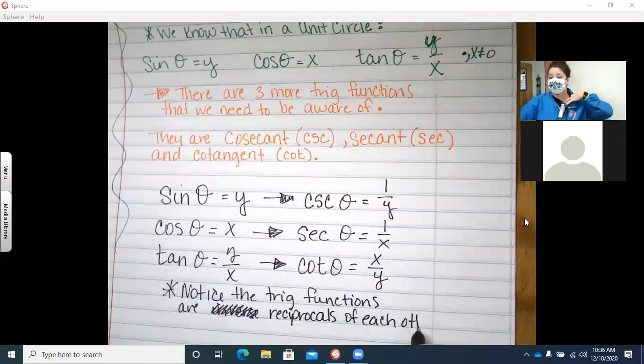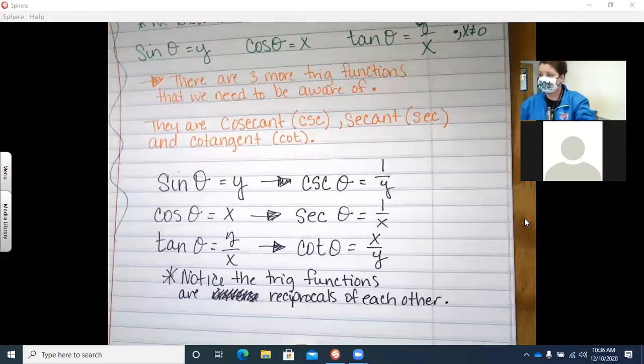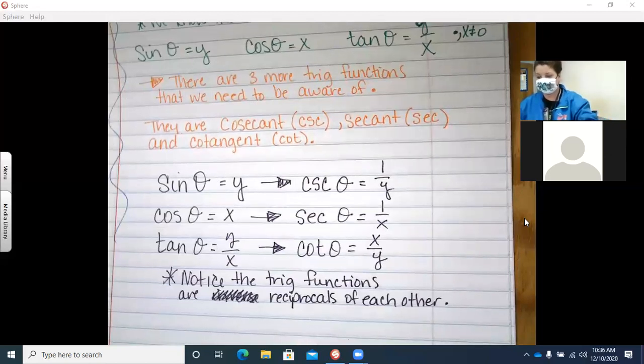I kept saying inverses, I meant to say reciprocal. All right, y'all pull it out. Anybody still writing?